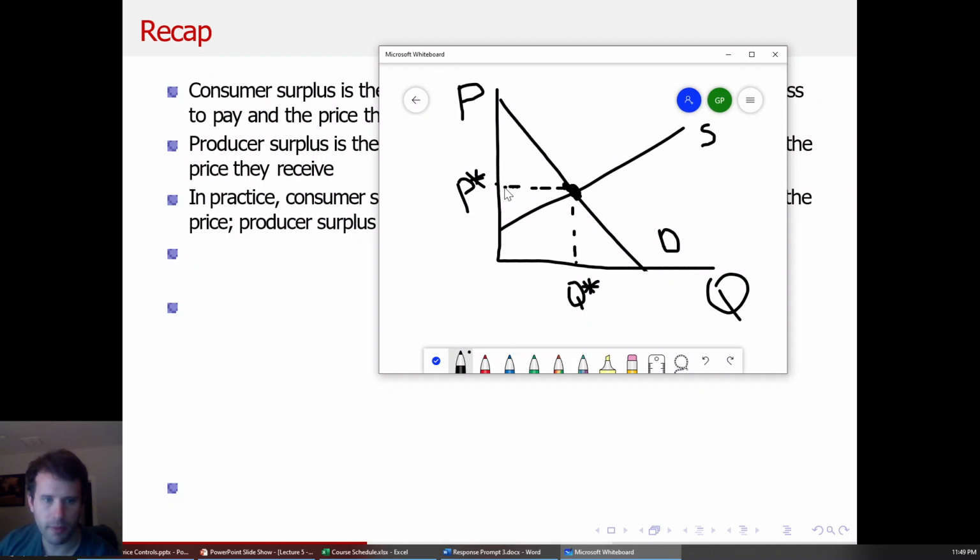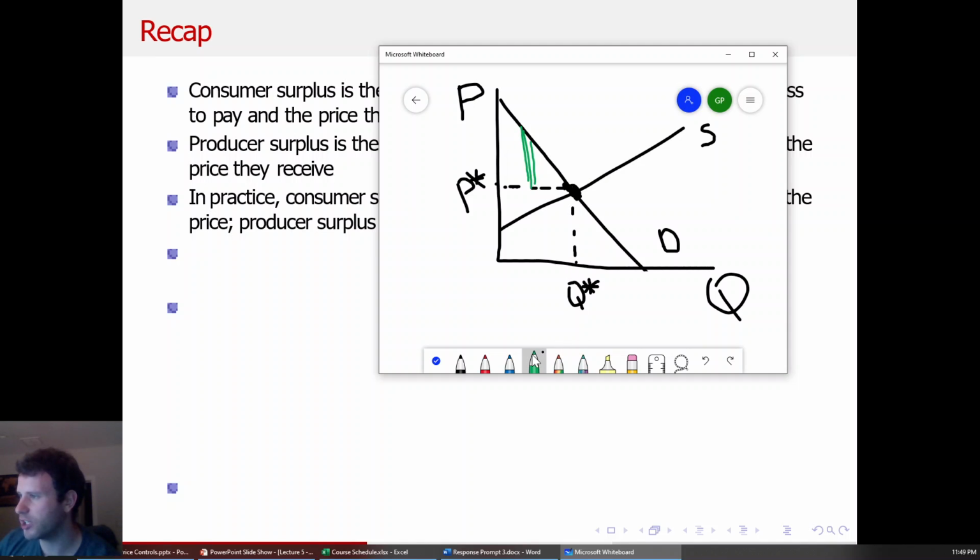So every quantity that was bought is going to have a certain willingness to pay associated with it. If I took the willingness to pay for this particular unit sold minus the price paid, I'd have some individual's consumer surplus. If I took this one, it'd be another individual's consumer surplus, and this one.